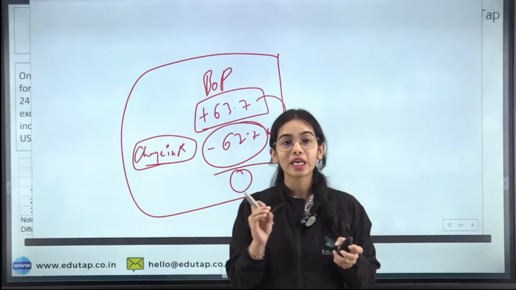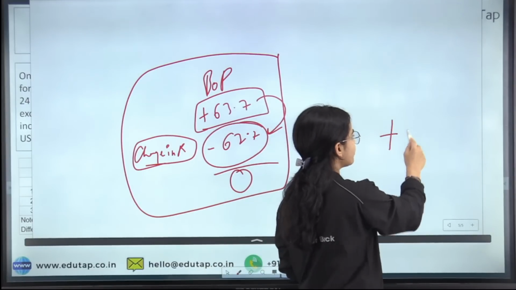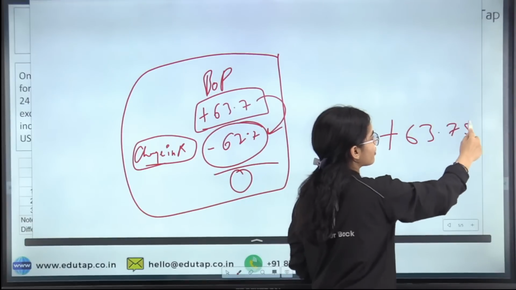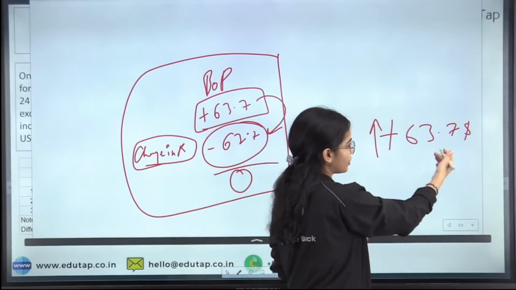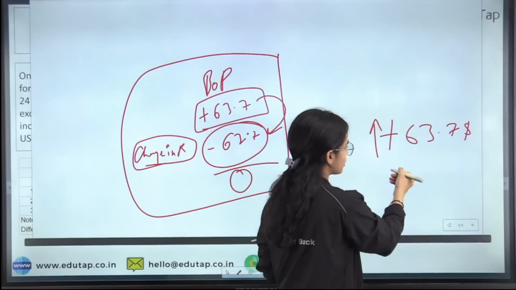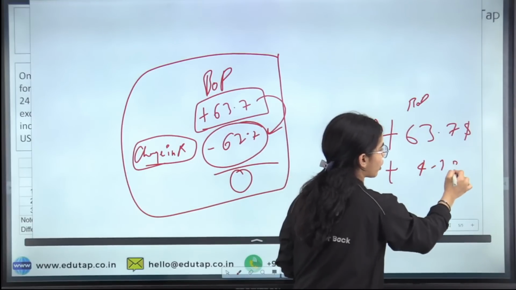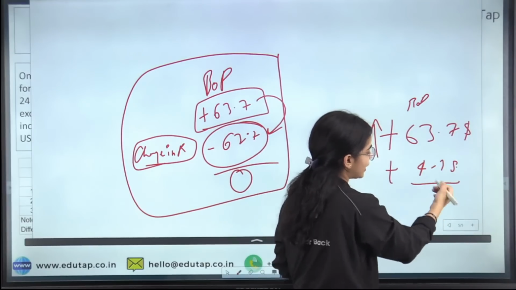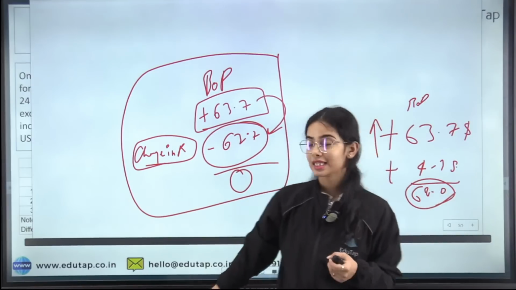But when we are showing it in the foreign exchange reserves, directly we can show that the foreign exchange reserves have increased by $63.7 billion because of the balance of payment situation, and $4.3 billion because of the valuation effect. So that is in total 68.0. Okay. So that is the increase in reserves.